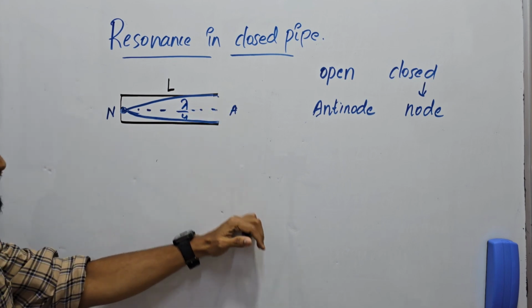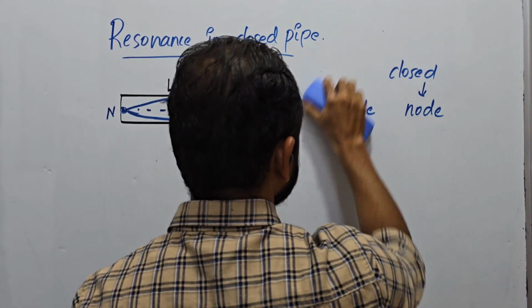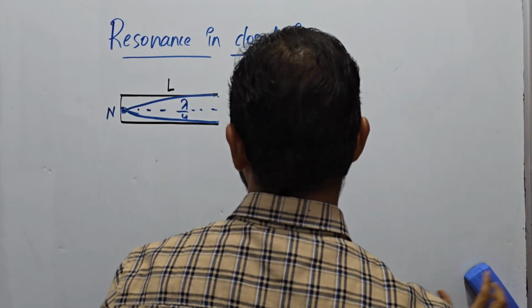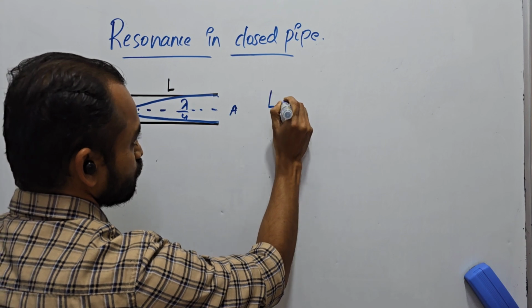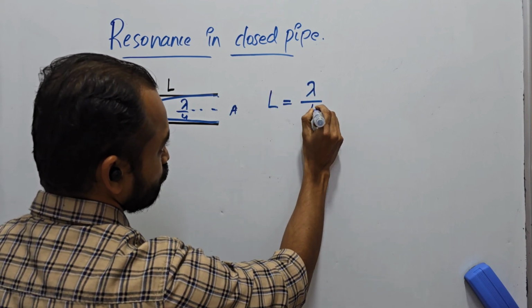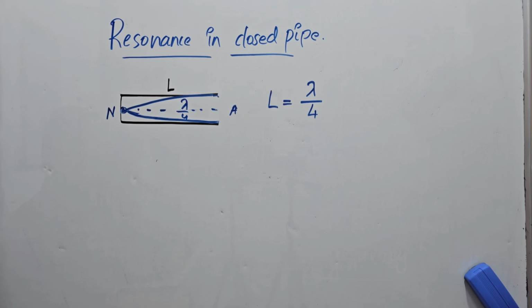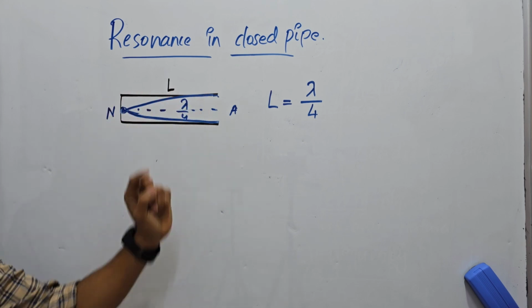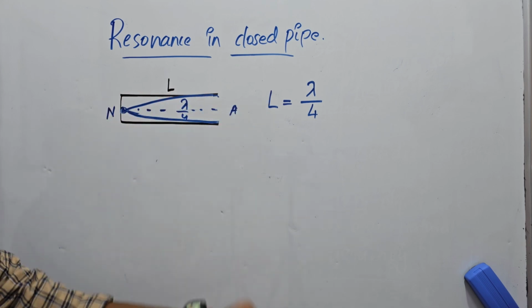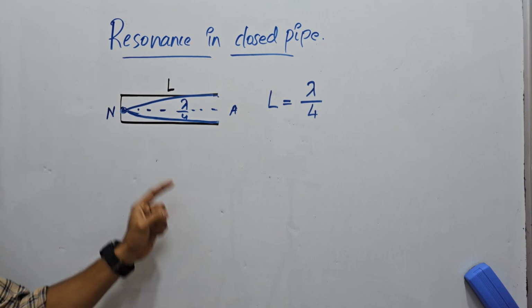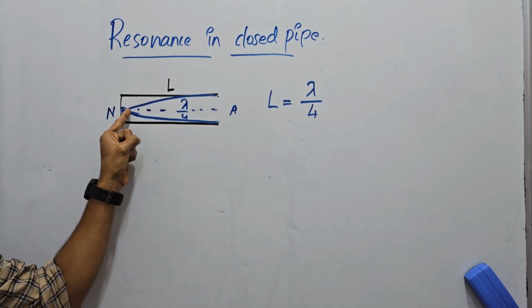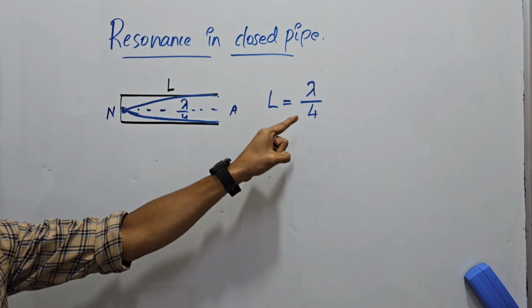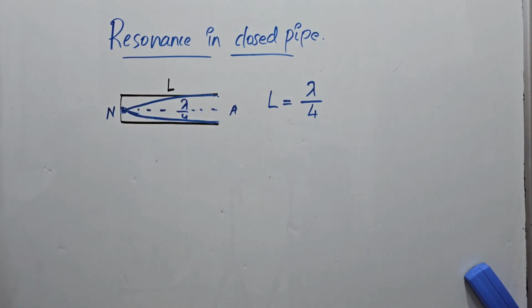Then we can write here L equal to lambda divided by 4. L is the length of the pipe. Why? Because only a quarter of a wave is formed in that pipe. So the length of that quarter of a wave, lambda by 4, is equal to the length of the pipe.